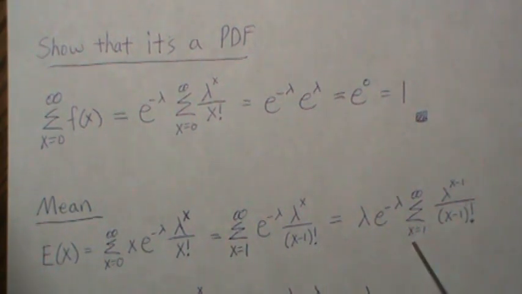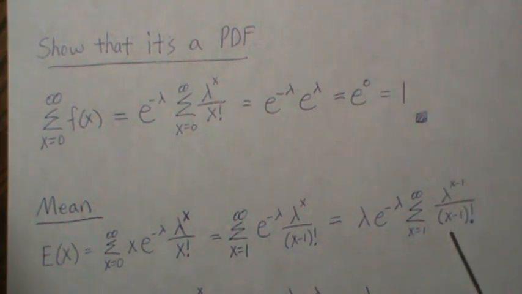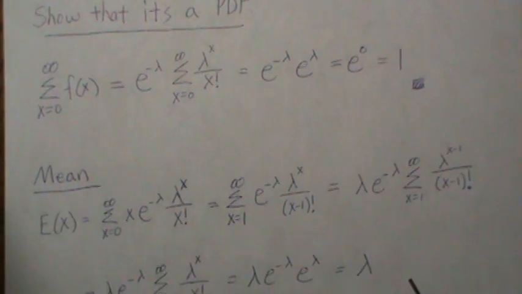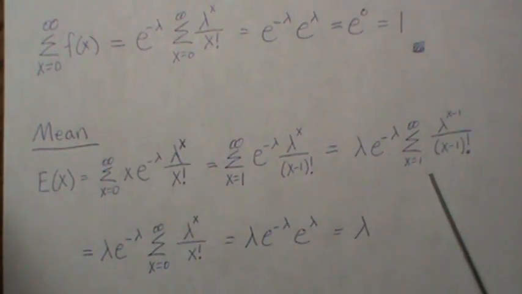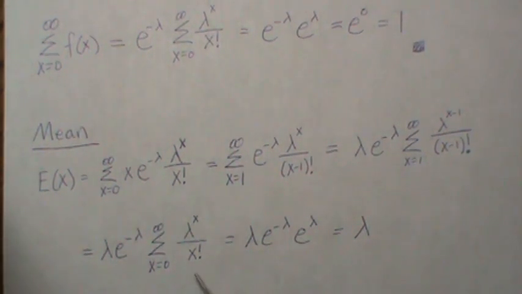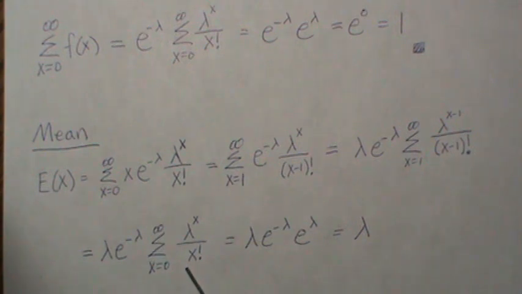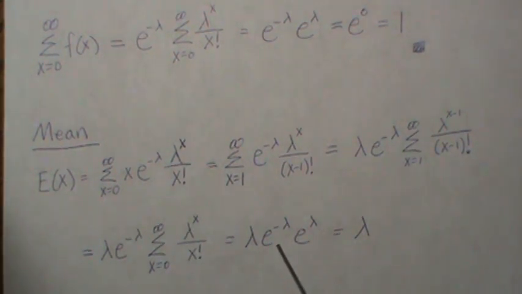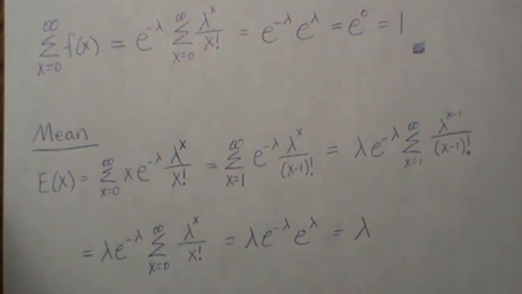So let's just start it at 0 and get rid of the minus. You could probably say let Y equal X minus 1 and then substitute in and it would be fine, but we'll just keep it X. And again that's the Taylor expansion, so that ends up being 1 and we just get lambda. So the mean of a Poisson is lambda.